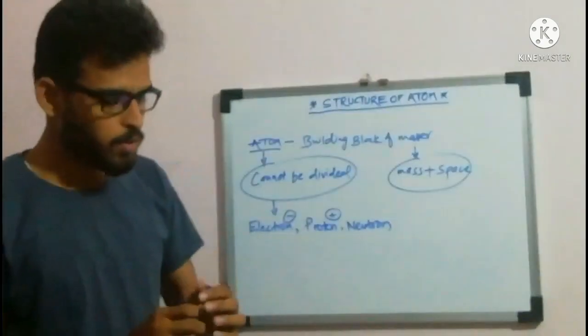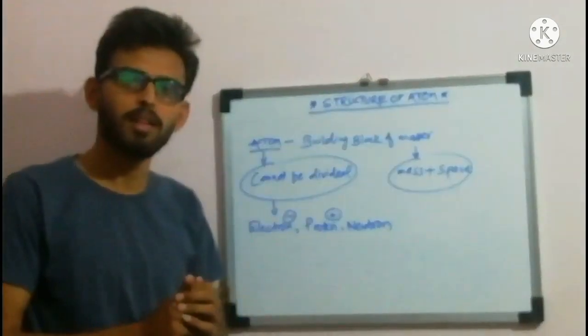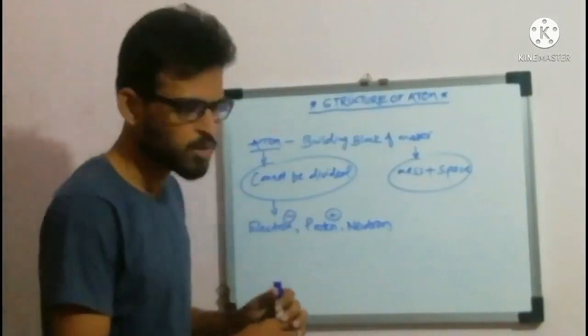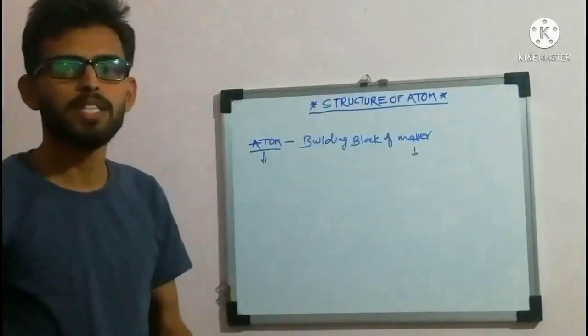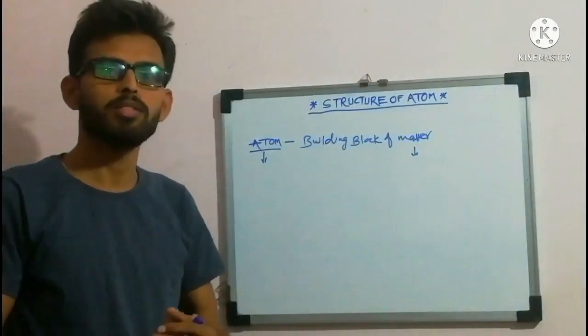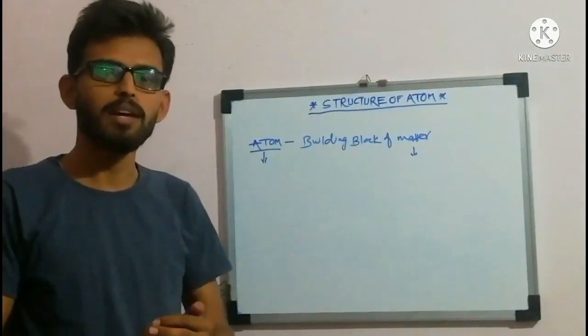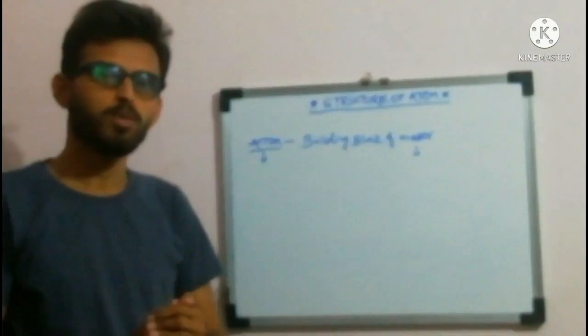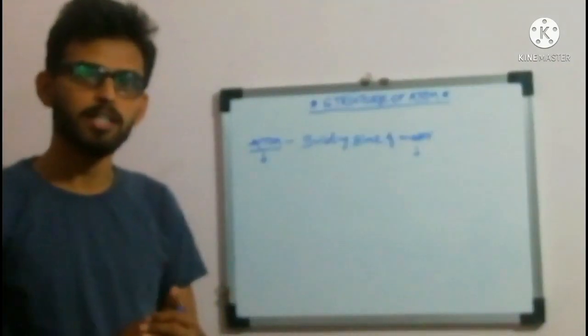Now we will study what an atom actually looks like. I will draw something over here. Basically, an atom consists of three particles. Scientists and physicists through experiments have shown that an atom is a spherical entity.